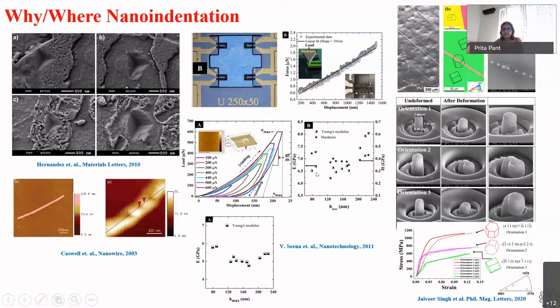And if you see, these squares are stiffness, and what you see is when the depth of the indent is very small, you are measuring the film. As you go deeper, 200 nanometers, 220 nanometers, the stiffness increases.